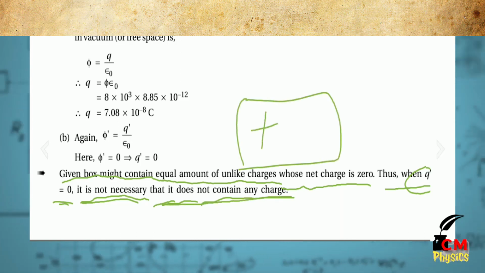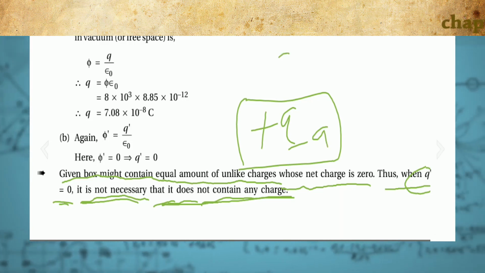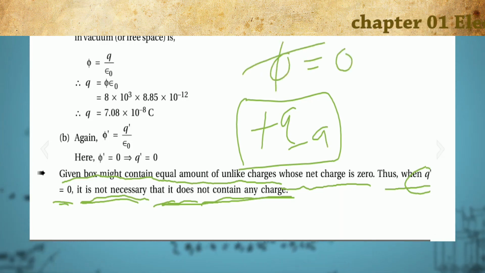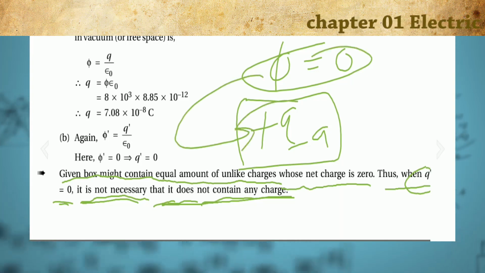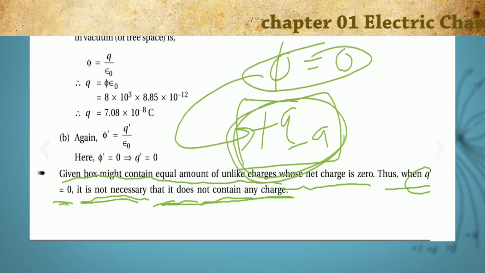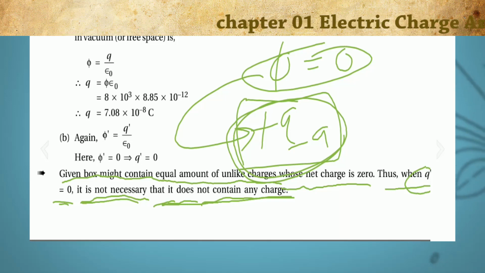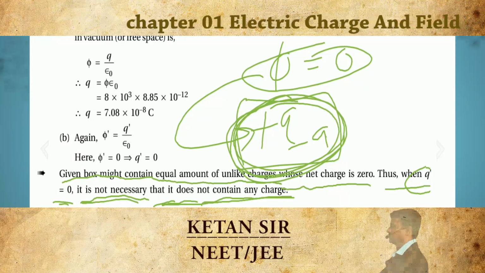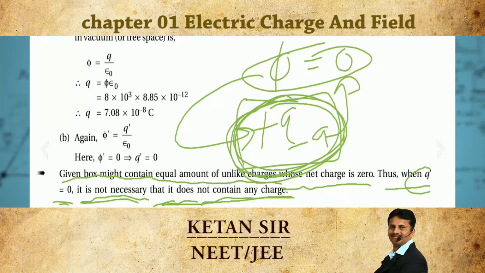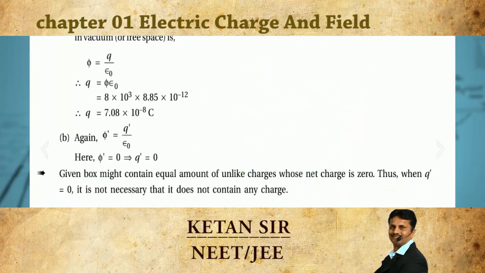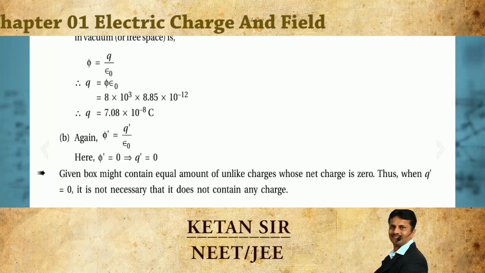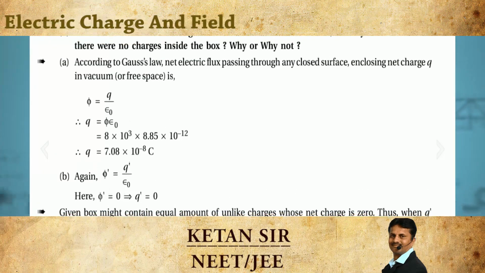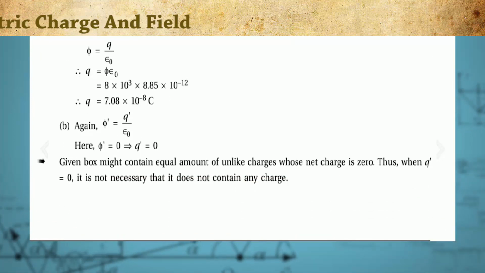A surface having a charge plus q and minus q, obviously phi is 0. Flux is 0 does not indicate that there is no charge. Yes, charge is present within the surface. Charge is present inside the surface, still phi is 0. Then again, this question is based on the Gaussian surface. You just read the questions and see how to write inside the examinations.